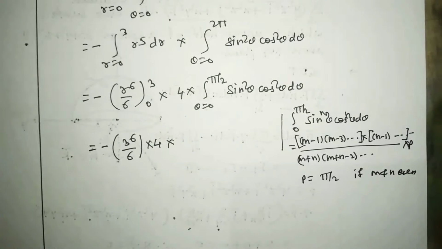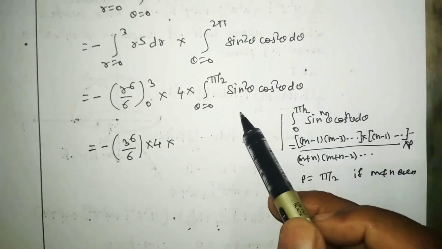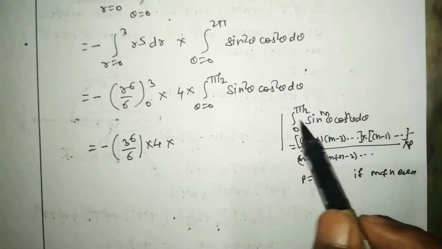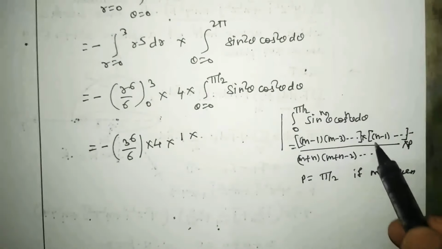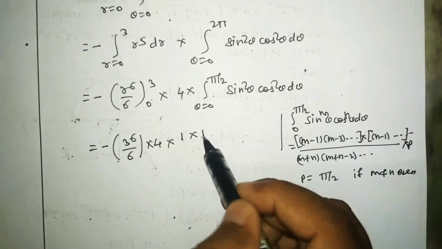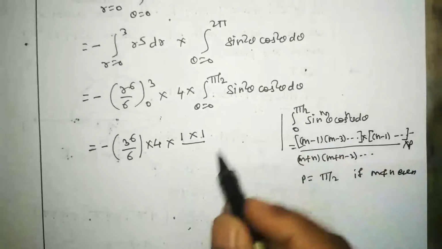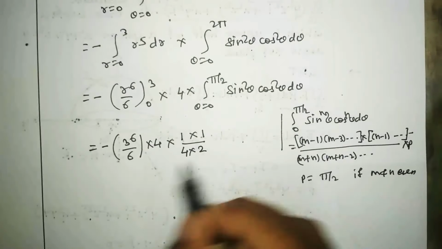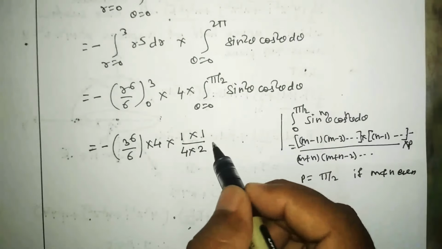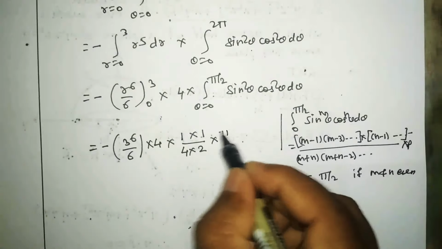So we are going to use this formula. Here the value of m is 2, the value of n is 2, both are even. Using this formula, m minus 1 is 2 minus 1, that is 1. Multiply by n minus 1, that is 2 minus 1, 1. In the denominator we start from m plus n, that is 2 plus 2, 4. Then m plus n minus 2, subtracting 2 from it, that is 2. Then multiply by p, where p is pi by 2 if both are even, so here it is pi by 2.